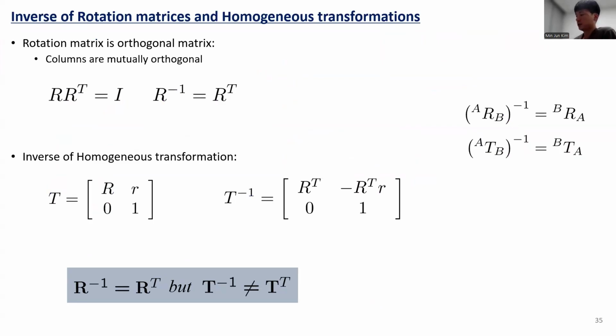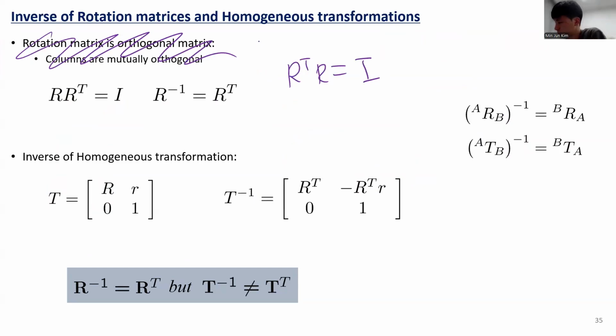An interesting fact is that, so you don't have to know this kind of thing, but the rotation matrix has this property. And that means the rotation inverse is just the rotation transpose.